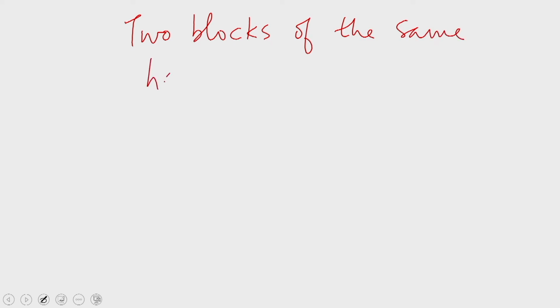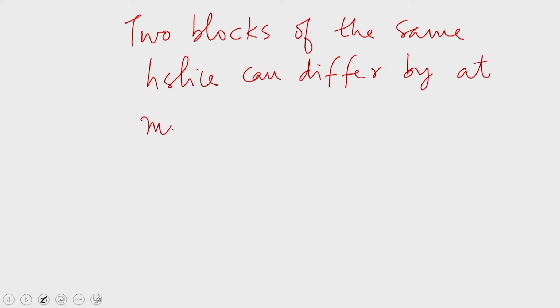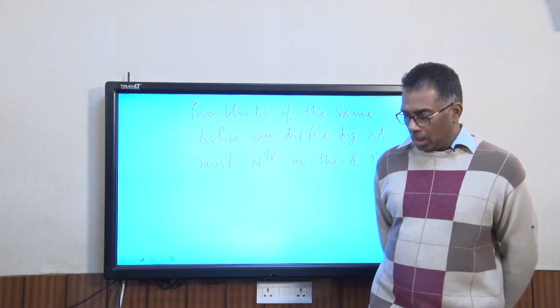Therefore, what we can conclude is that two blocks of the same horizontal slice can differ by at most n power 1 by 8 in the number of ones. Now this is what we are doing for one horizontal slice. We could repeat this for every single horizontal slice in parallel.